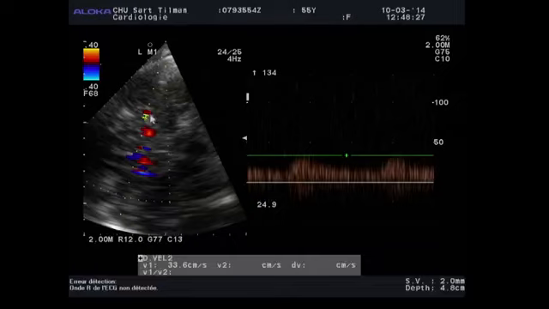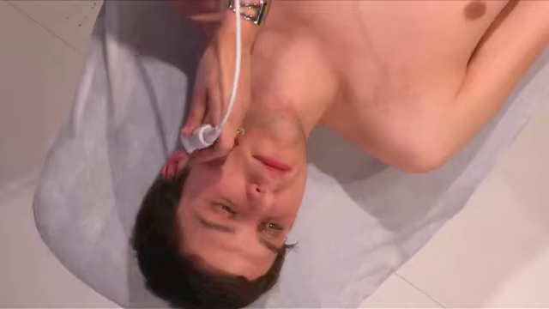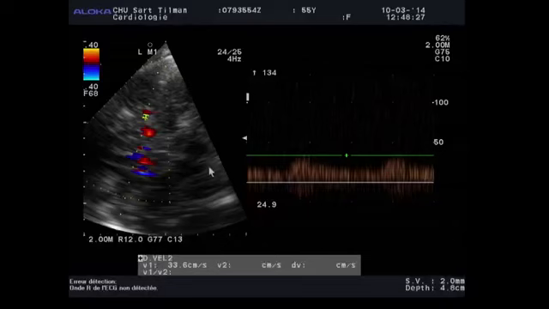It's the middle cerebral artery, and you can see that the peak velocity is about 30 centimeters per second. This is much, much lower than on the other side, with an acceleration time which is much longer than on the other side. So these are indirect signs of very severe carotid stenosis, more than 80%.